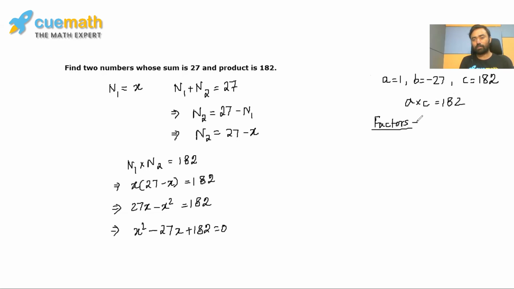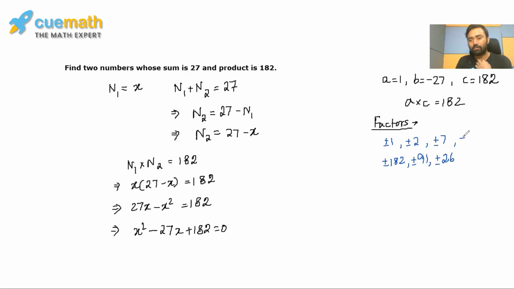Now once I list the factors, the first one would be a combination of 1 and 182. Then we'll consider 2 and 91, because 91 times 2 is 182. Then we'll consider 7, and 7 times 26 is 182.